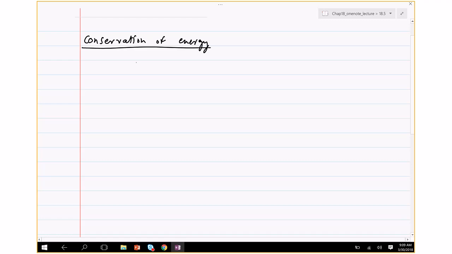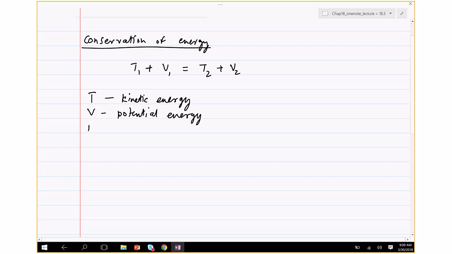which states that the sum of kinetic plus potential is equal to the sum of kinetic plus potential at another instant of time. So T is kinetic energy, V is potential, and 1, 2 are instances of time.